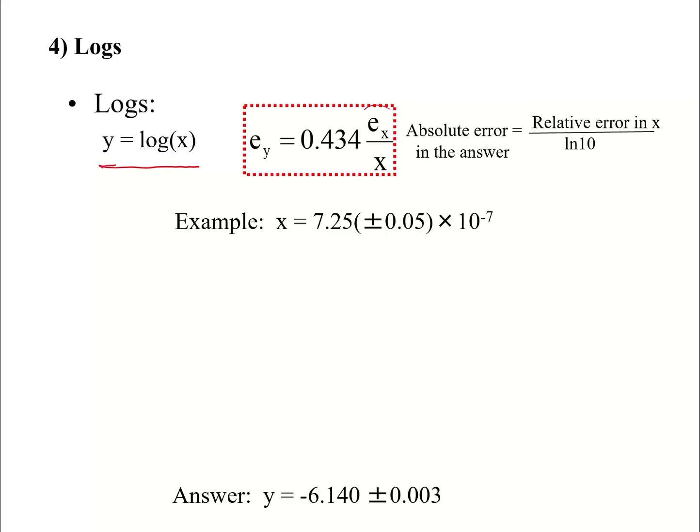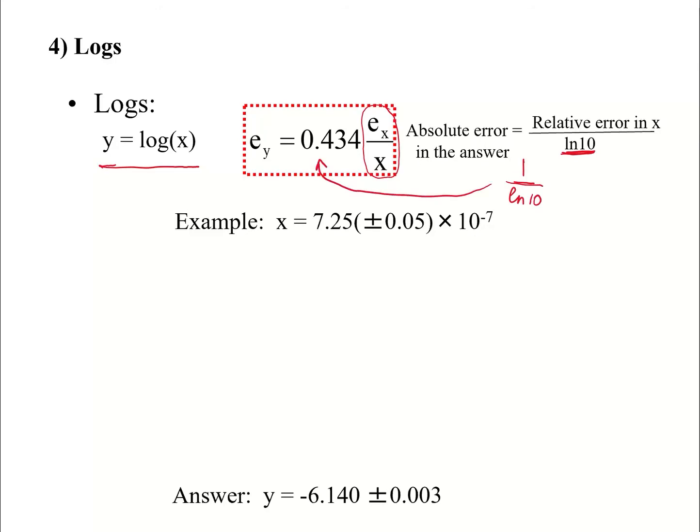Again, this ratio, absolute error divided by the value of x, gives me the relative error. On the right, I have an explanation for this formula. If we just take 1 over the natural log of 10 and calculate this value, we get the number 0.434.